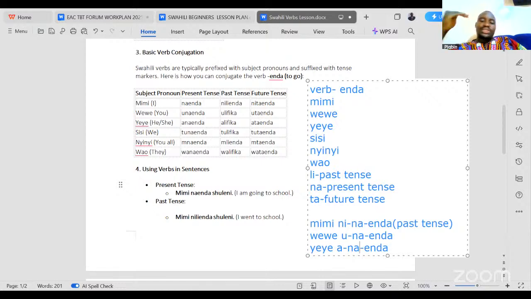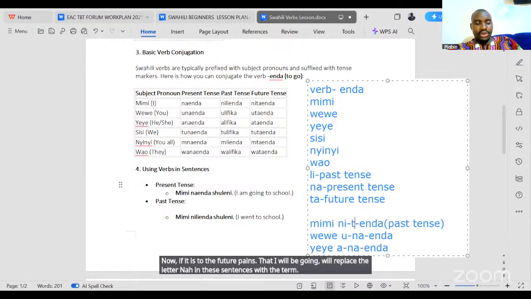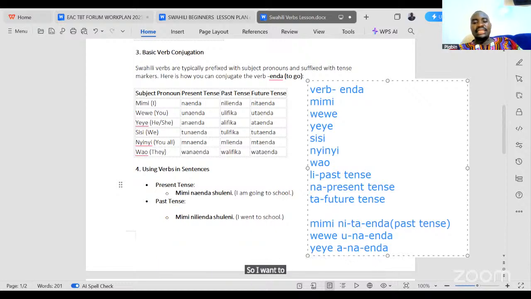Now, if it is the future tense, that I will be going, we'll replace the na in these sentences with ta. So I will say mimi nitaenda. I can just say nitaenda, which means I'll go. In that case it is in the future tense. It's no longer in the past tense. It's in the future tense.